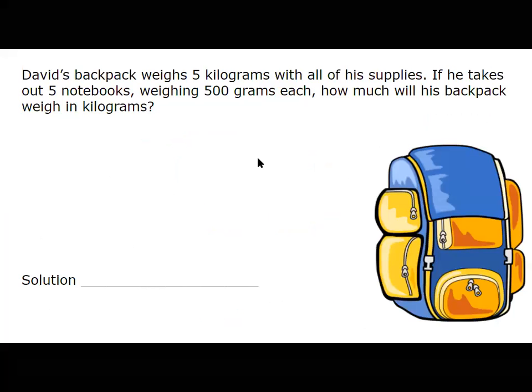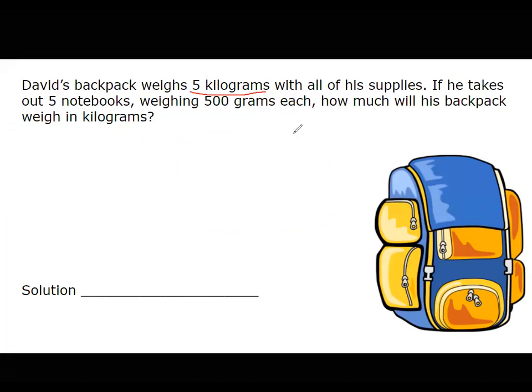All right, David's backpack weighs 5 kilograms with all of his supplies. If he takes out 5 notebooks weighing 500 grams each, how much will his backpack weigh in kilograms?